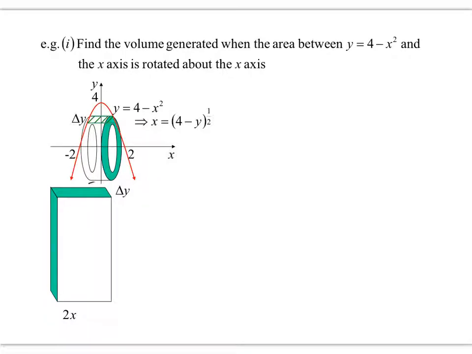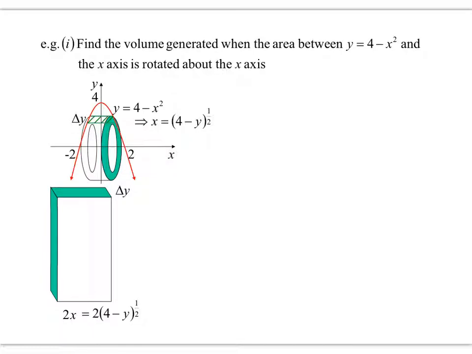Now this height is going to be, well, from here to here is x. So no matter where you go from here to here is x. So therefore that whole part is going to be 2x.